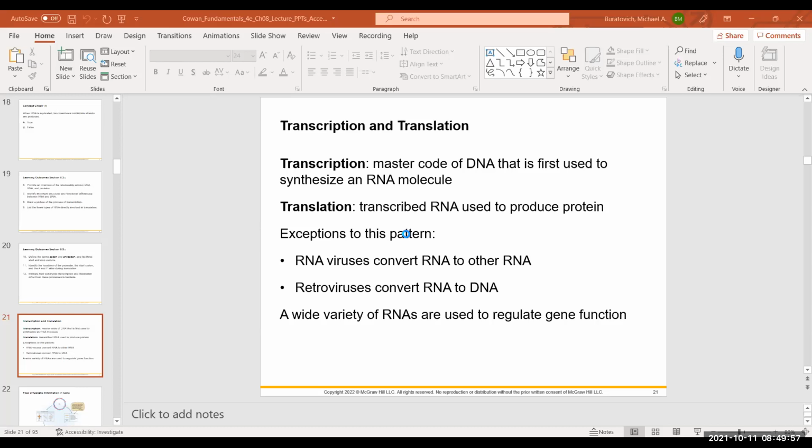If that RNA molecule encodes a protein, that RNA is used to synthesize a protein with a specific amino acid sequence, and that process is called translation. And the main players in translation are ribosomes.